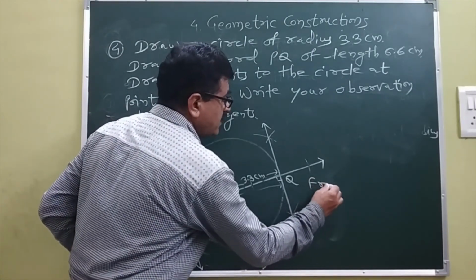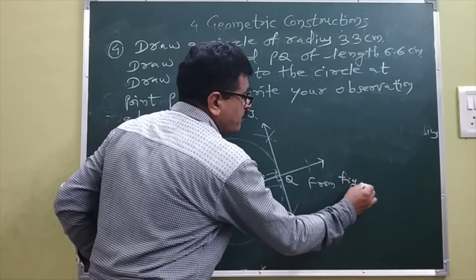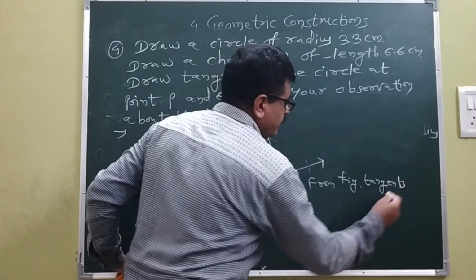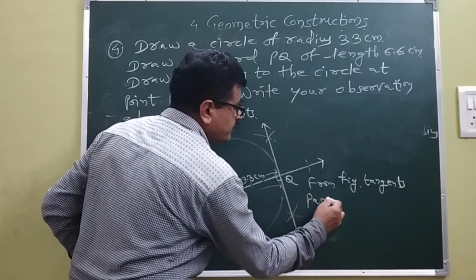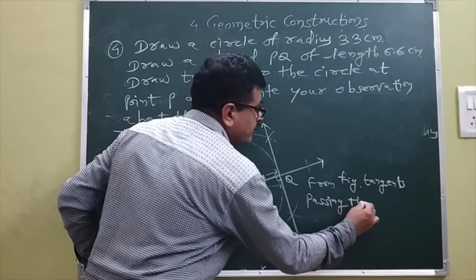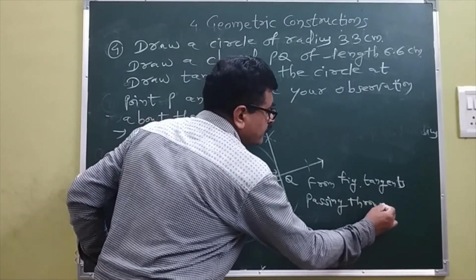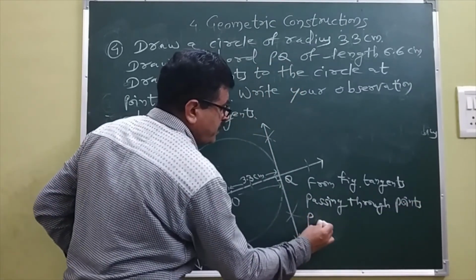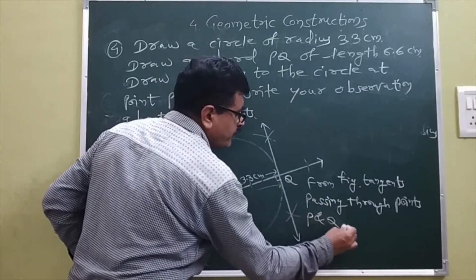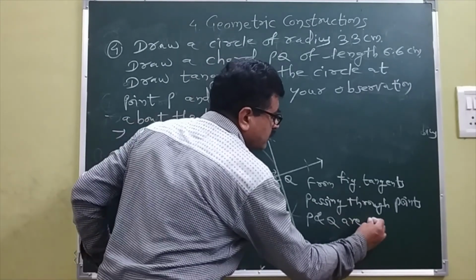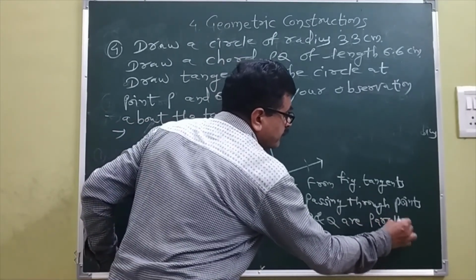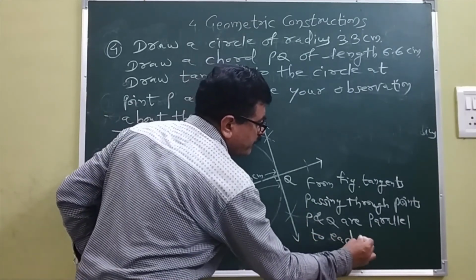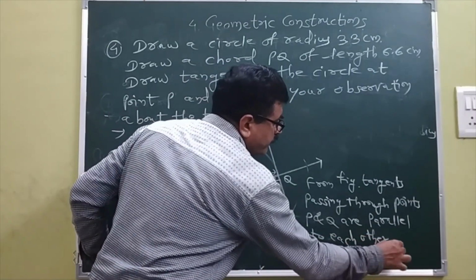Write down from the figure: tangents passing through points P and Q are parallel to each other. This is the answer.